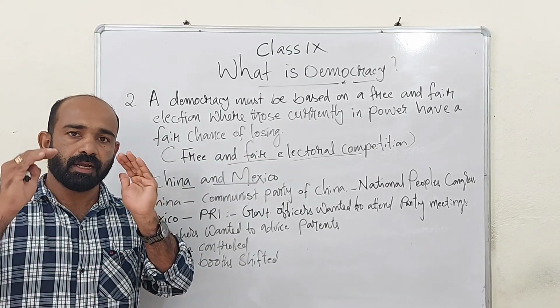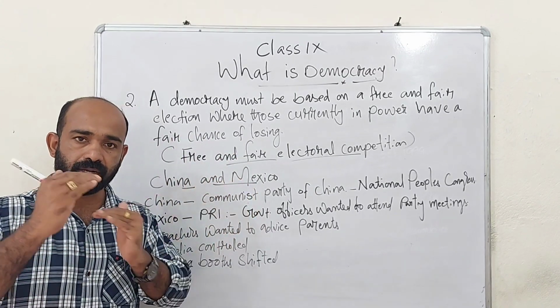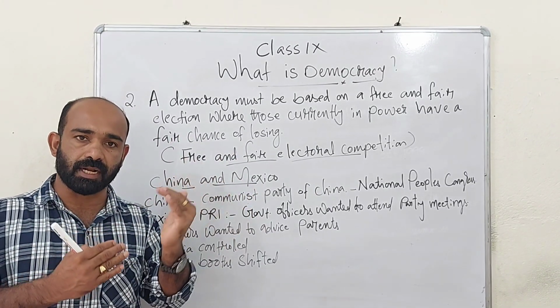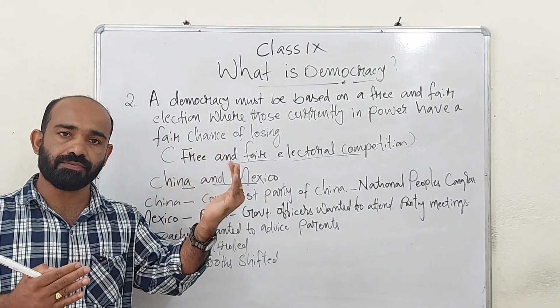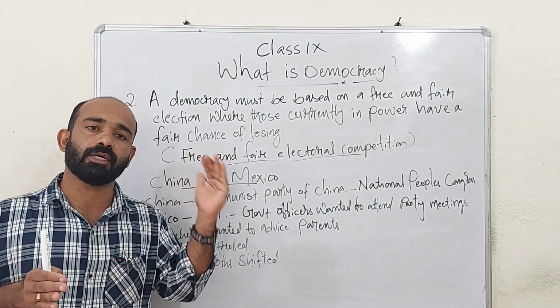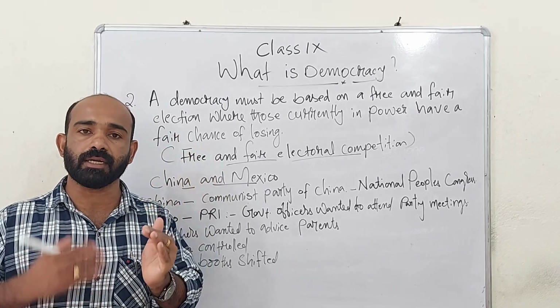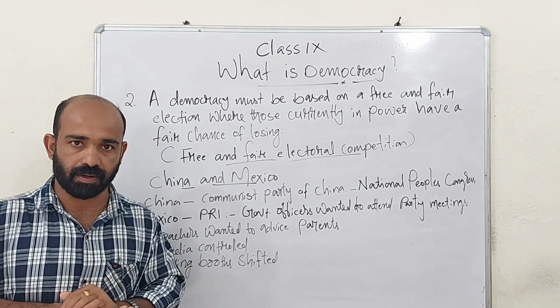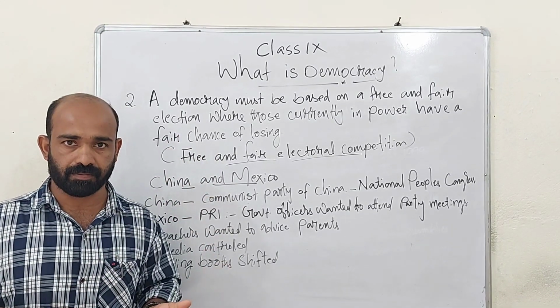That means the elected leaders, after some years, should face election again, and if they are not doing well for the people, they should lose the election and another ruler should come in power.